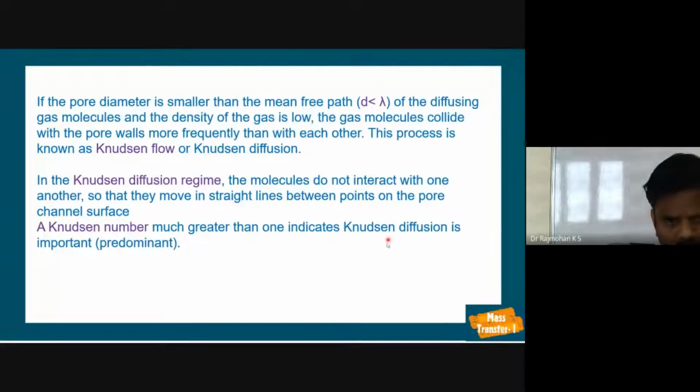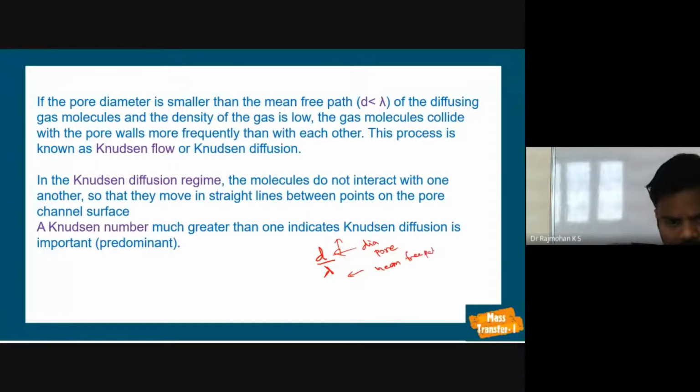If we define a formula, d by lambda as a ratio, where d is the diameter of the pore and lambda is the mean free path.